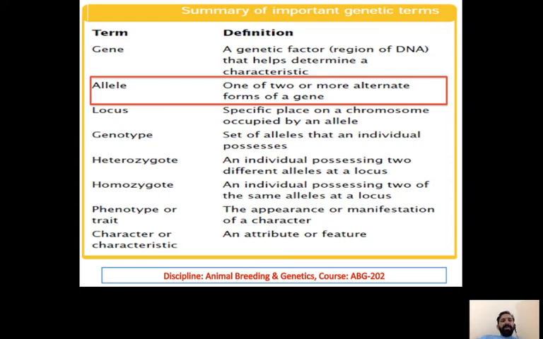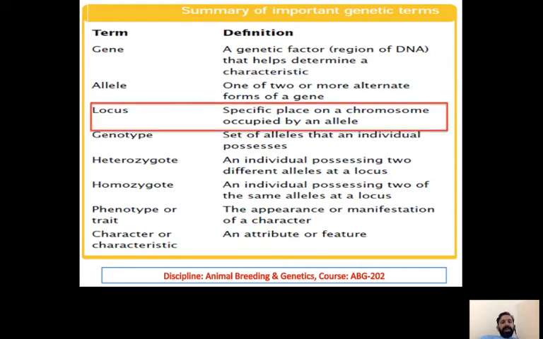So normally in a diploid, in plants, animals or humans which have two copies of the gene, it would have two alternate forms. But in the case of populations, there could be more than two alternate forms.